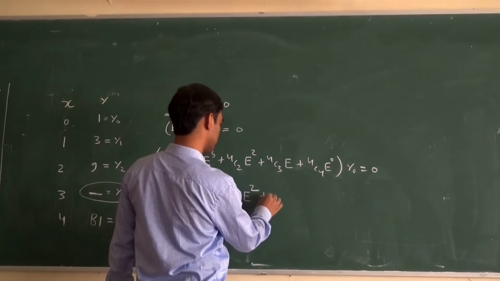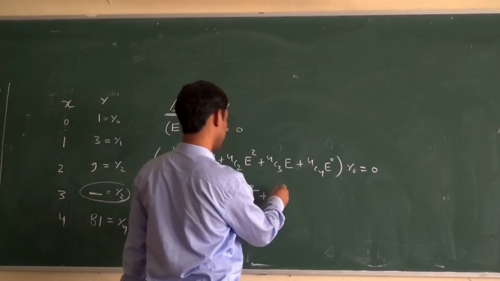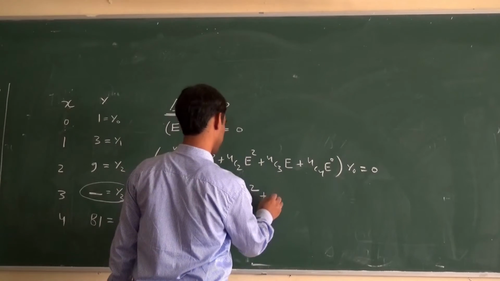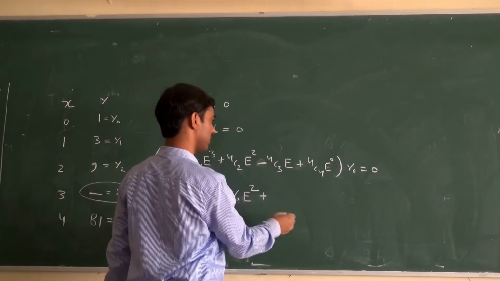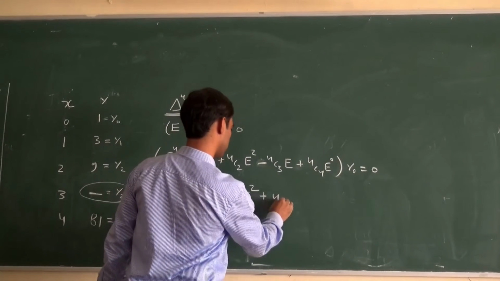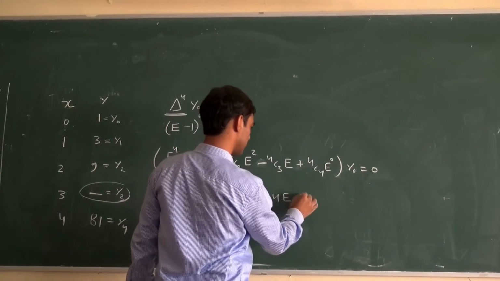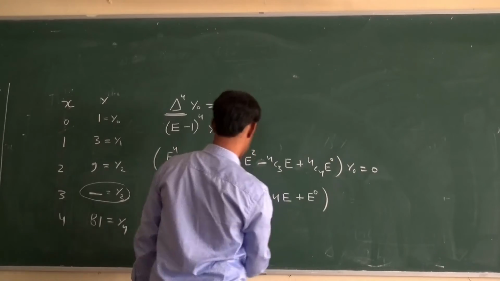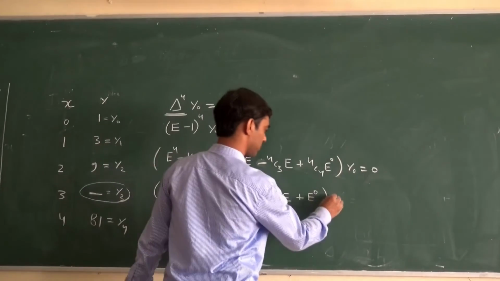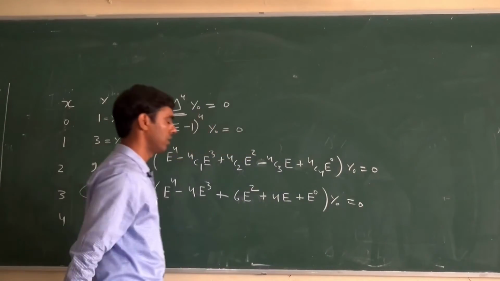And this one becomes again 4, with alternating signs: minus 4E, and plus E0, operating on y0, equals 0.